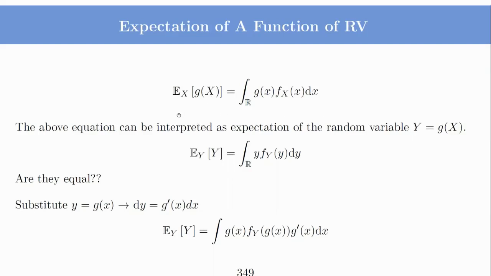Suppose it's a continuous random variable, then the expectation of g(x) is equal to the integral of g(x) times the density of x, dx. This is the notation we have seen earlier: if there is a function of x, the expectation can be computed by computing its value at each point x, multiplying by the probability that it takes a value around the interval.